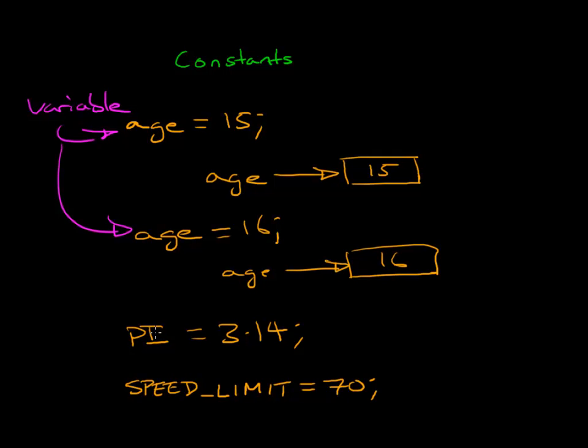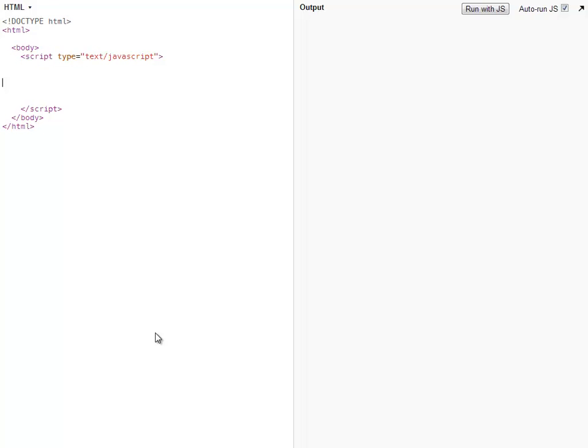When we do a language like JavaScript, and there's a number of other languages like it, we aren't able to say that it's going to be a constant. So all I can say is, again, make me a variable, and this time, because I'm using capital letters, I want that to be a constant.